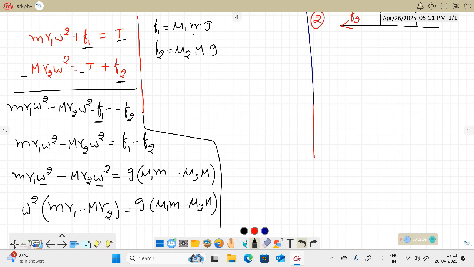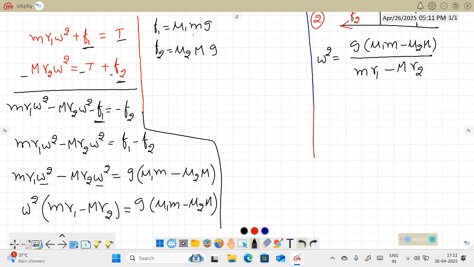So omega square is equal to g into mu1 small m minus mu2 capital M, divided by the remaining term, small m r1 minus capital M r2.